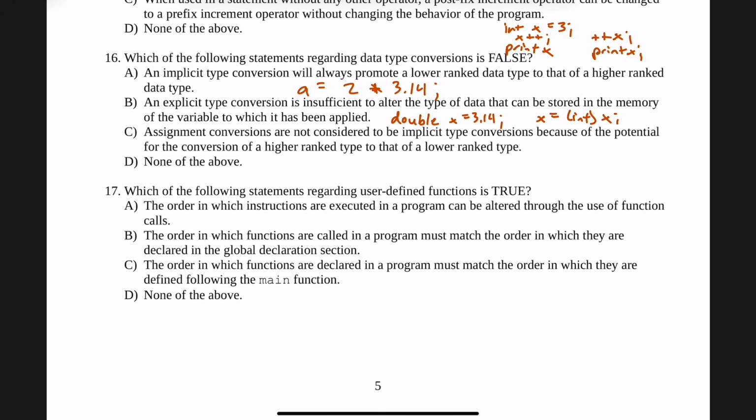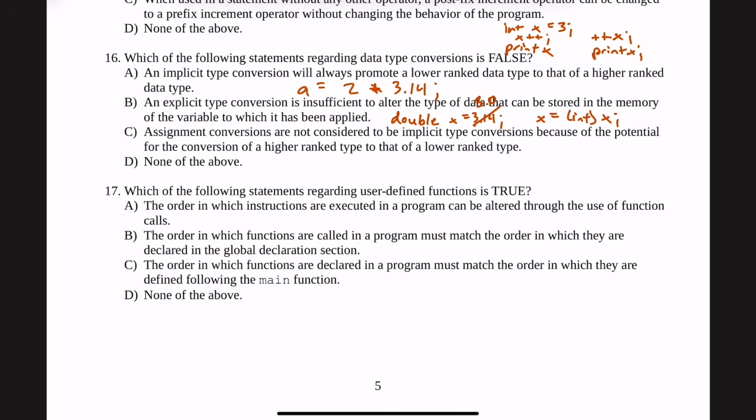Well, what does this do? It says take the value stored in x, 3.14, convert it to an integer. So now the right-hand side is 3. The left-hand side is a double, so the right-hand side gets promoted to 3.0. So x is equal to 3.0. We did change the value, but the type of data that's stored is still a double. So therefore, B is going to be true as well.